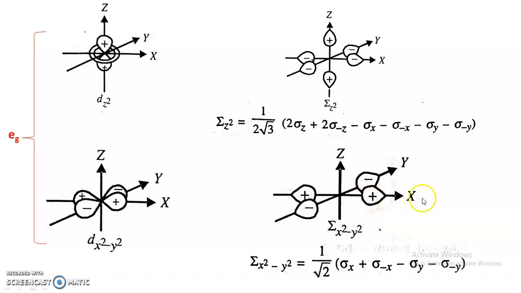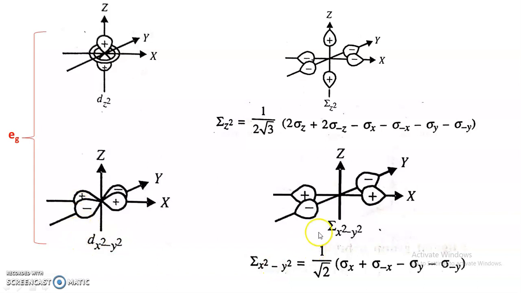This is for positive lobe oriented along the positive end of x-axis, plus sigma minus x. This is for positive lobe oriented along the negative end of the x-axis, minus sigma y. This is for negative lobe oriented along the positive end of y-axis, minus sigma minus y. This is for negative lobe oriented along the negative end of y-axis.